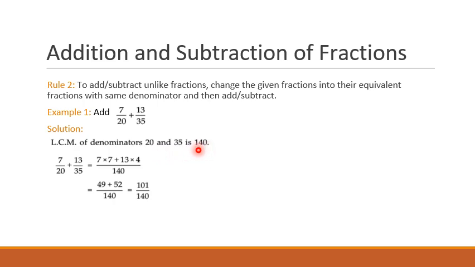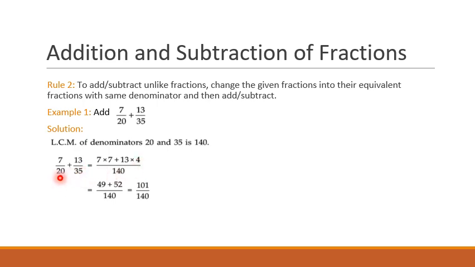So 140 should be the common denominator. Now to make 20 into 140, I have to multiply this number by 7, and 35 should be multiplied by 4 in order to make it 140.